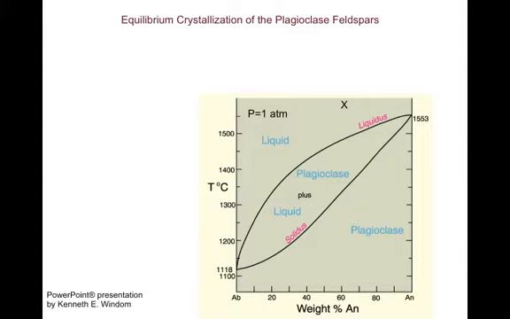In this whole system, we will vary the composition of the plagioclase and the temperature as we cool a magma, and it's being held at a constant 1 atmosphere pressure. In this example, the X marks the starting position of the magma.